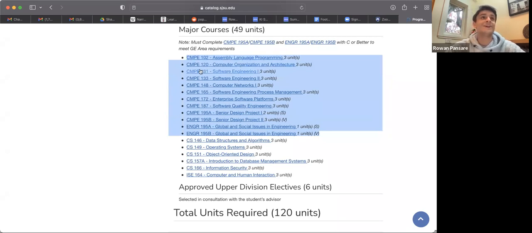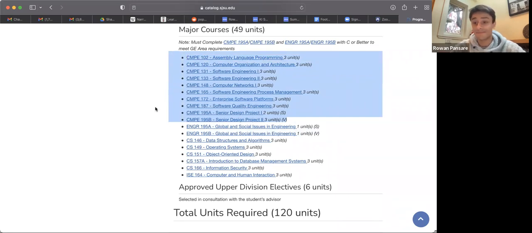And this is where there are pros and cons. So these classes are mostly project-based, which is really good for your resume. But the con is that the compy department doesn't have the best professors. So a lot of the classes you're going to end up taking are going to be taught by professors who either teaching isn't their full-time gig, or they're just not great professors, right?